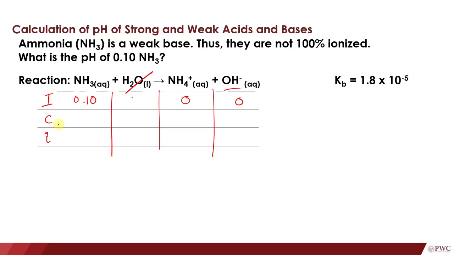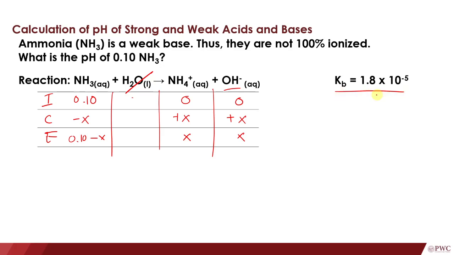Then for the change here, this one is again a weak base, so this is not 100% ionized. So here we'll put some X first, another X here, and then another X here. Of course, our reactants are decreasing, then our products are increasing over time. Then here we have 0.10 minus X, then here we have X, and then we have another X over here.